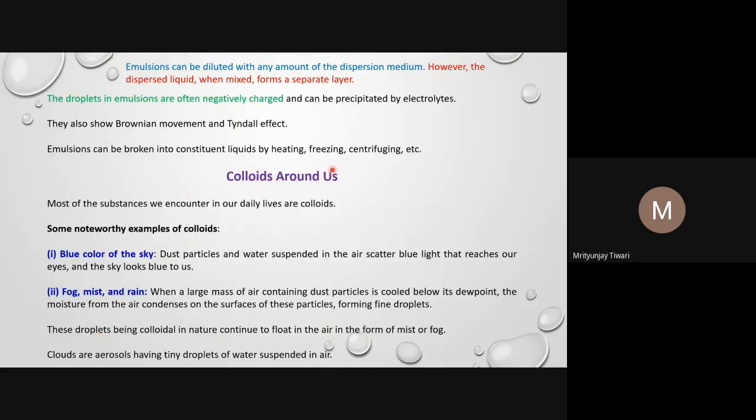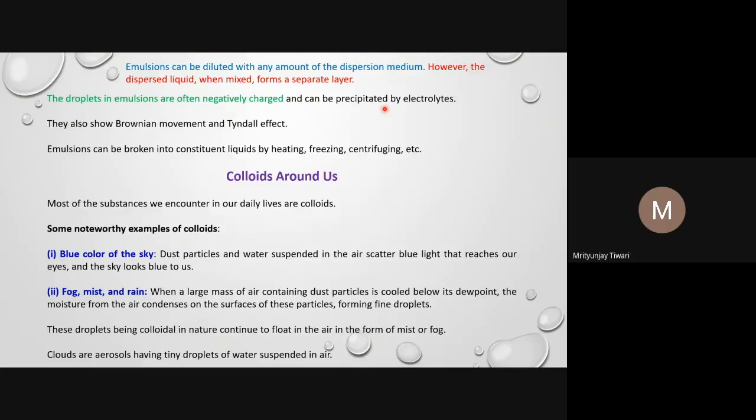Emulsion can be diluted with any amount of the dispersion medium. For example, if you take milk, you can add any amount of water. Water is the dispersion medium in this case, and the fat, the ghee, is there in the form of oil in milk. So you can add any amount of dispersion medium. However, if the dispersed phase liquid is added, it forms a separate layer.